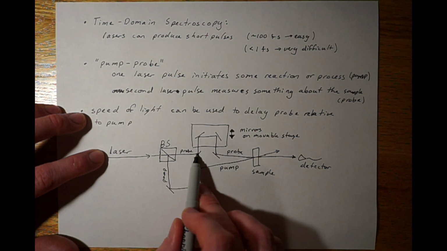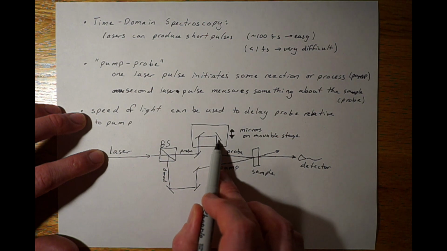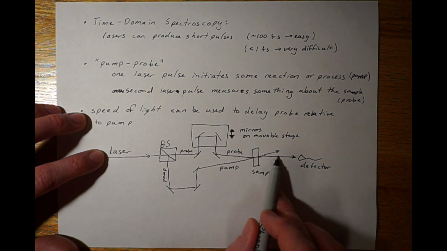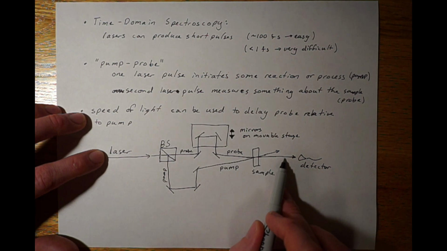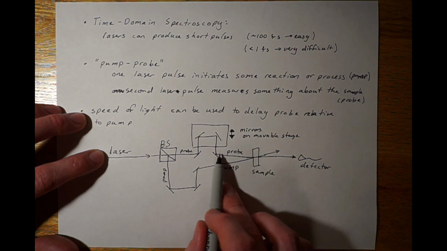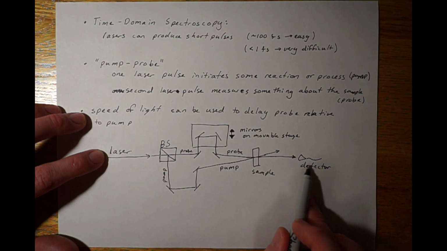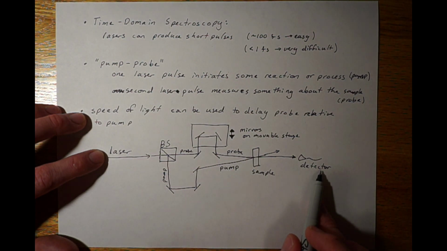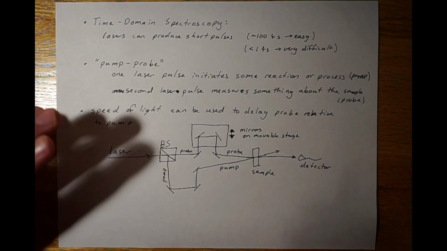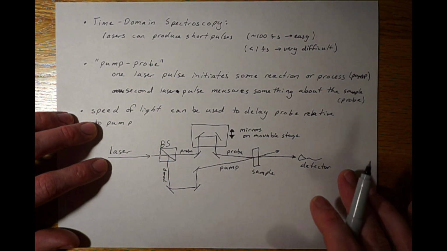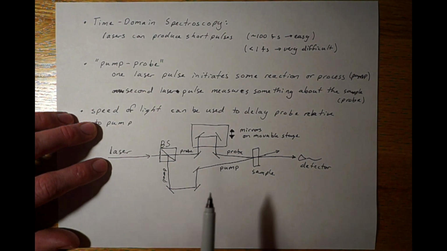Our probe pulse comes in and says, hey, have you formed any intermediate yet? Or, hey, have you formed any product yet? And so the probe pulse goes through the sample and hits a detector and tells us whether we still have reactant, whether we formed product, whether we formed intermediate.